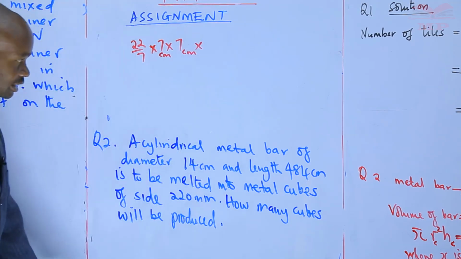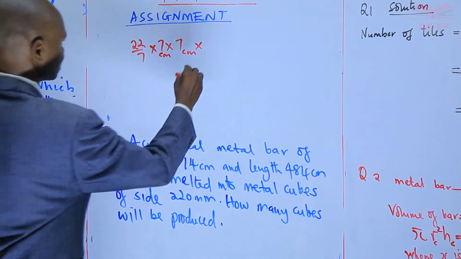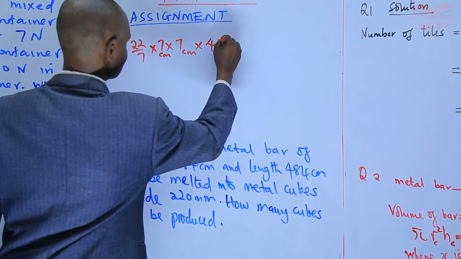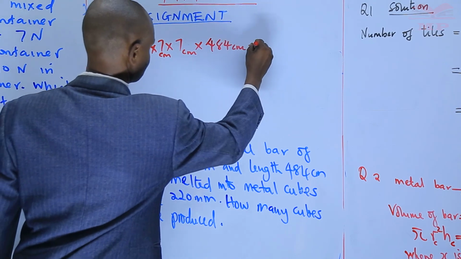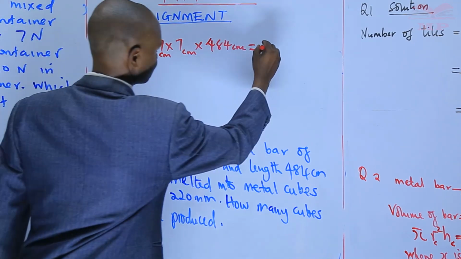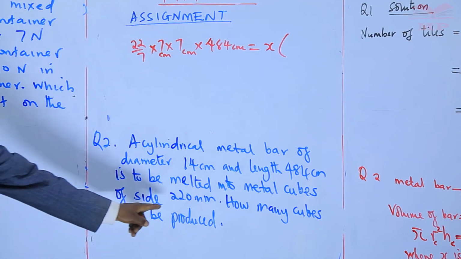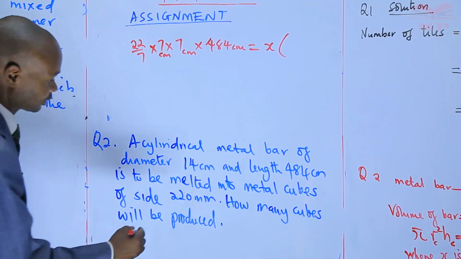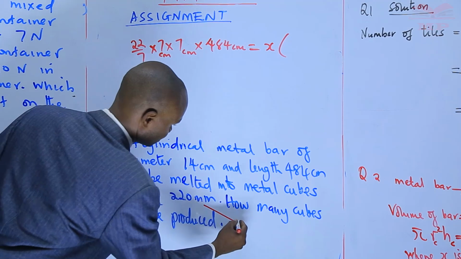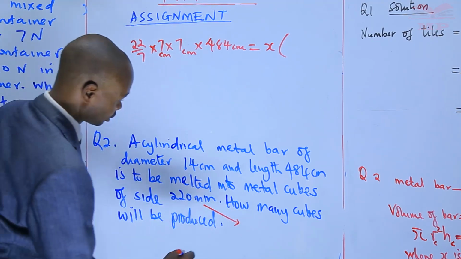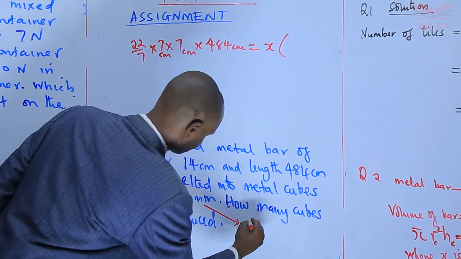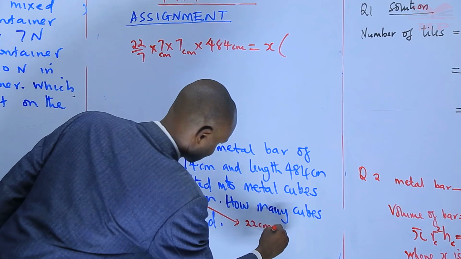The height is given to us as 484. This should be equal to X into brackets 220 millimeters, which you can change to 22 centimeters.